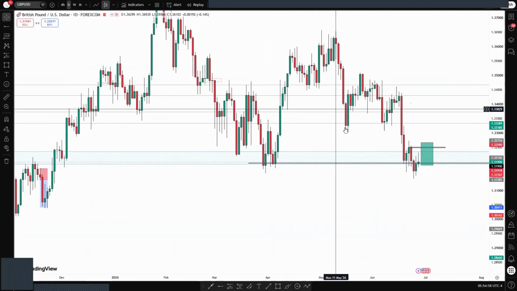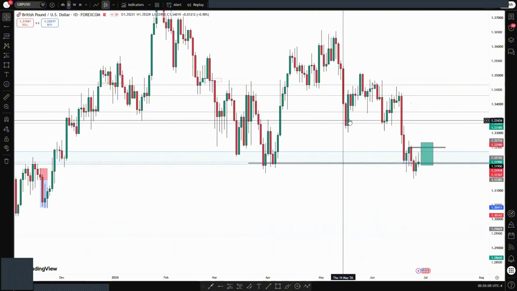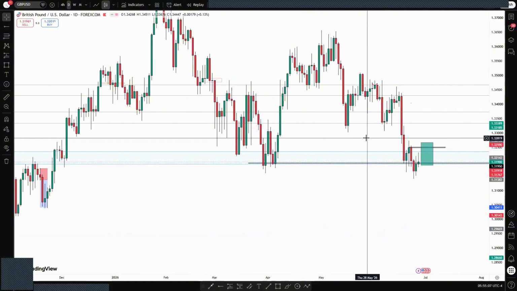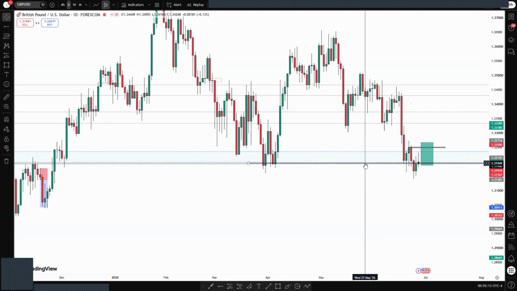So this time we've just been trying to find where price can go bullish, but price keeps on making lower lows and no retests at all, and the price dies and then moves in a new direction.